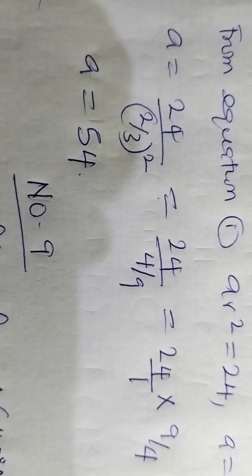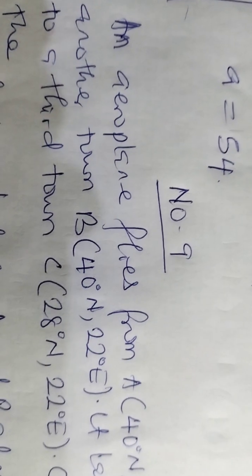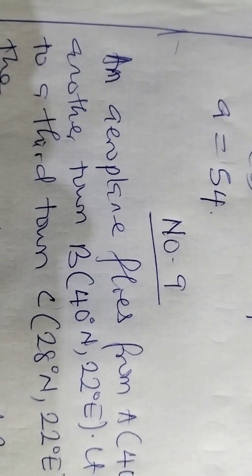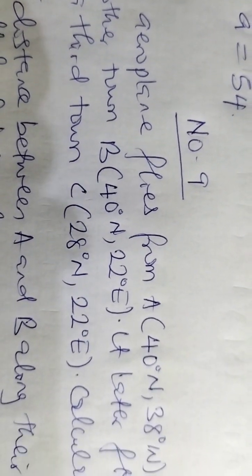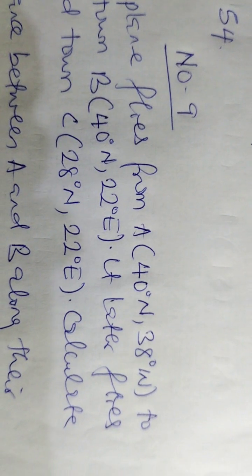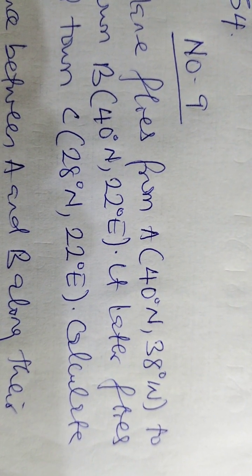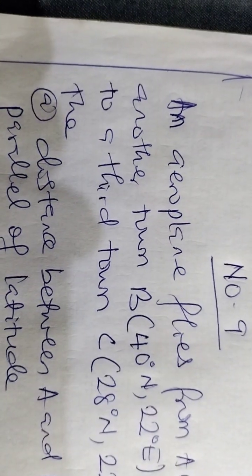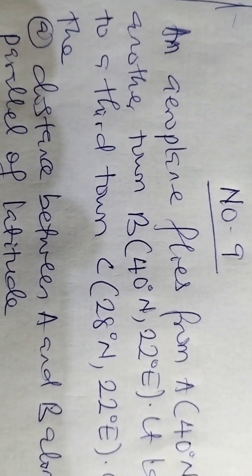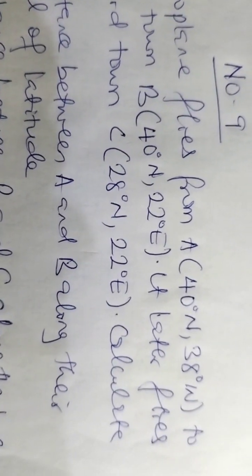So move over to question number 9 in the same section B. Number 9 says an aeroplane flies from A, latitude 40 degrees north, longitude 38 degrees west, to another town B, latitude 40 degrees north, longitude 22 degrees east.